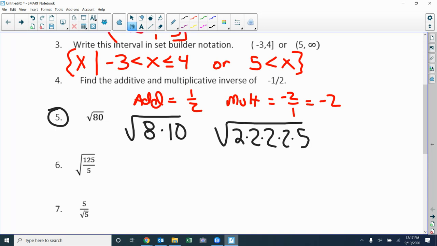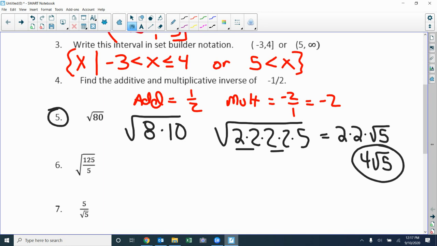Those 2's, 4 of them in there, and then a 5. Is everybody still hanging in there? What do we need? Sets of 2. So now I'll take this set out. Remember, that's 2 times 2 outside, right? So this is 2 times the square root of 5, which ends up being 4 square roots of 5.